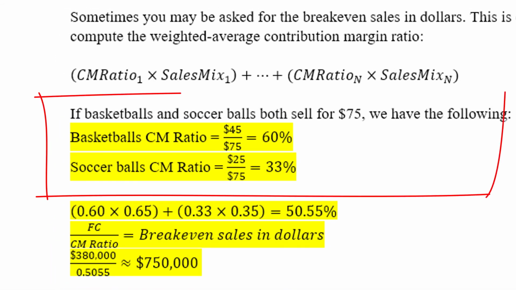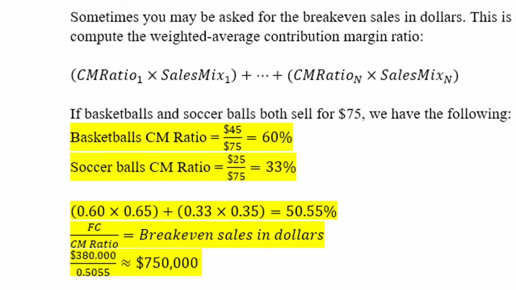So I'm going to make a basketball contribution margin ratio. I'm going to take that $45 contribution margin divided by sales price. We'll say they sell for $75. That is 60%. Do the same thing for soccer balls. I get 33% for soccer balls.